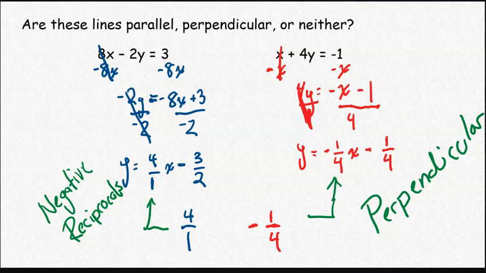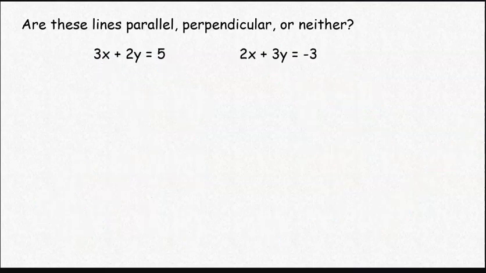Alright, let's take a look at the last example. Okay, the same as in this video and the previous one, I'm going to follow the same algorithm. That means I'm going to use a series of steps that are always the same to isolate y, or get y by itself.